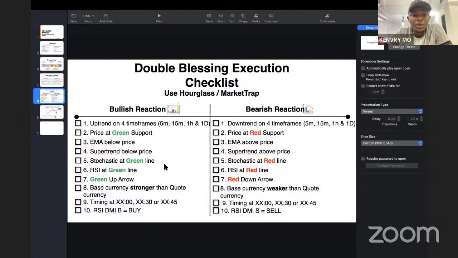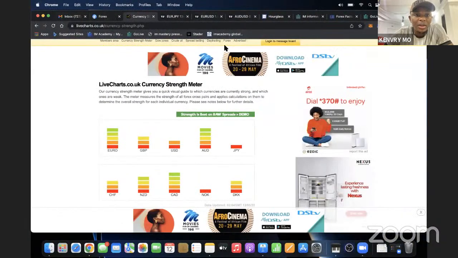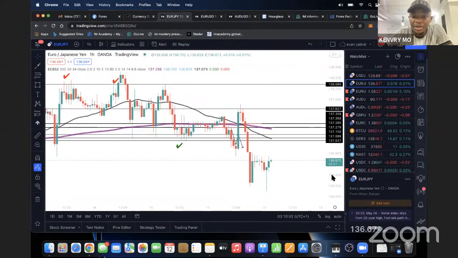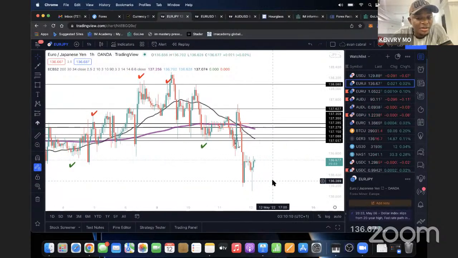So if you look at, let me switch to market right now. By default, let's say I'm looking at Euro JPY for a bearish move. So you can see on the 1 hour, super trend is above. So the market is presently bearish.